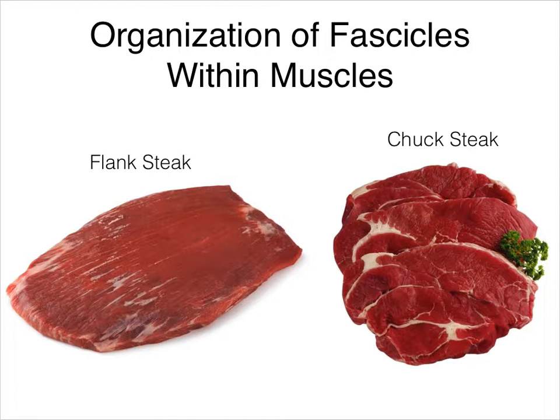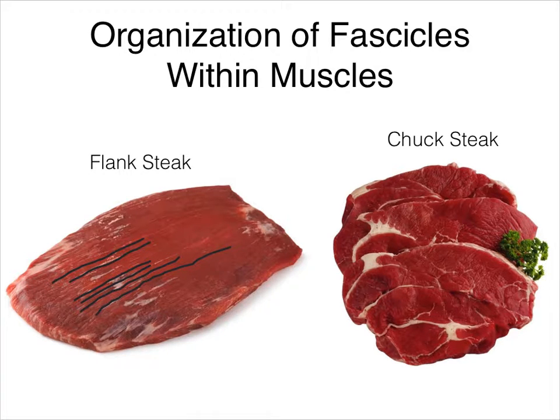So each of these, what we think of as grains going down, each of those is a fascicle. And here you can see the flank steak is cut along the length of the fascicles.